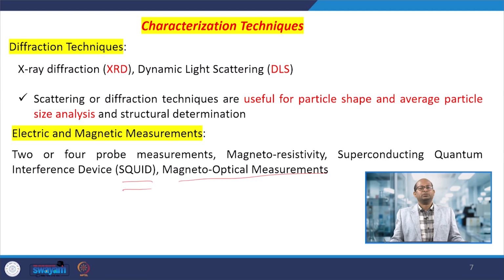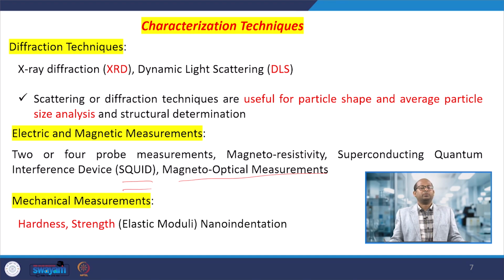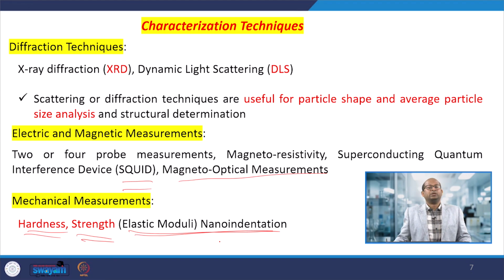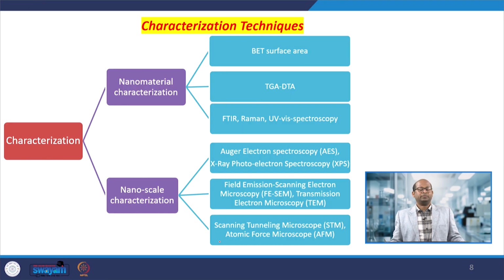For mechanical properties such as Young's modulus, stress, strain, strength, and hardness, we can measure elastic moduli or use nanoindentation methods.